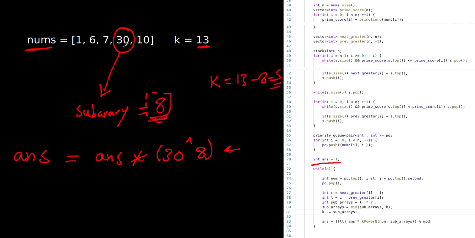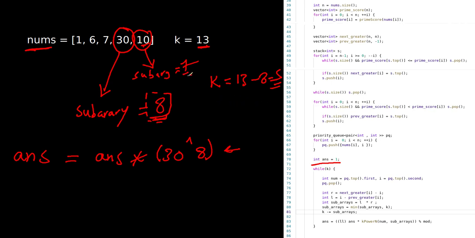The next step is to move to the next largest element in the array. In this case it's 10. Now again, how many subarrays have 10 as the maximum prime factor? Let's assume some random number, which is 7.